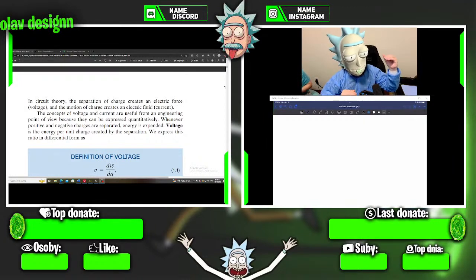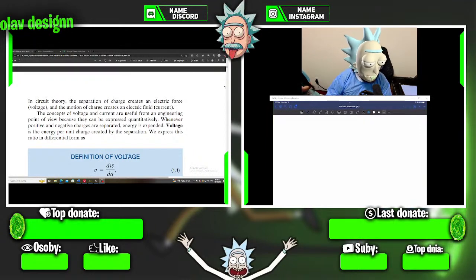Over here I'm at 5 volts, here I'm at 0. The actual flow of the electrons going from point A to point B, that's the current, like the current of the water. Same way that we have done in physics, we're going to apply it over here.